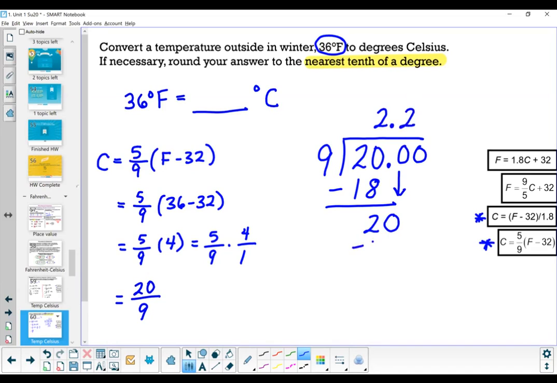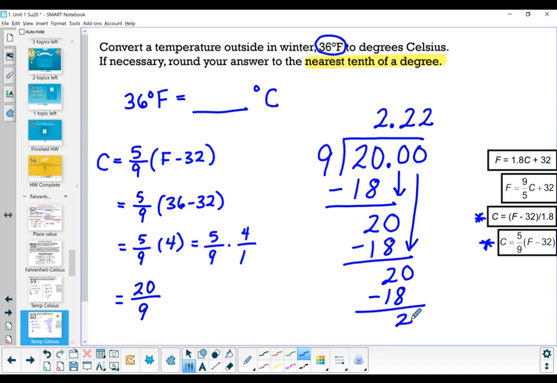Subtract 18. You get 2. Bring down the next 0. 20 divided by 9 is 2. Subtract 18.